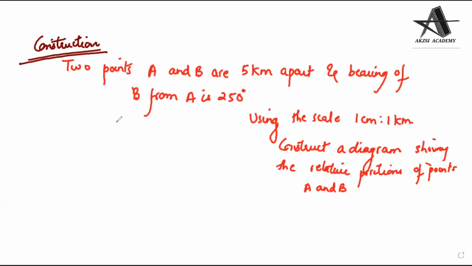But while drawing, you have to mention what scaling you have taken. Here they have already mentioned it, but you should still write it down. 1 centimeter to 1 kilometer means that 5 kilometers will be 5 centimeters in your copy. So you have to draw 5 centimeters between A and B.